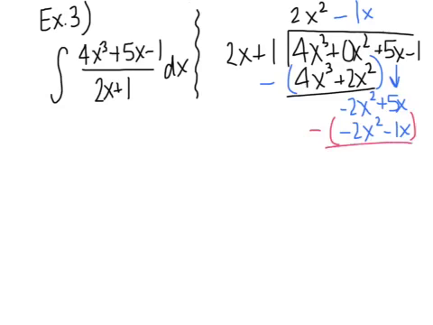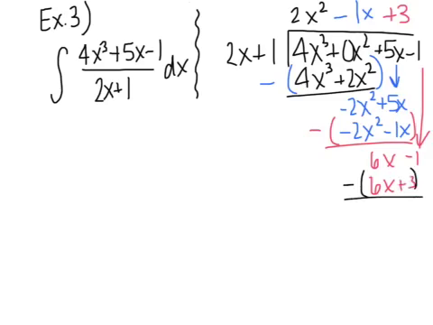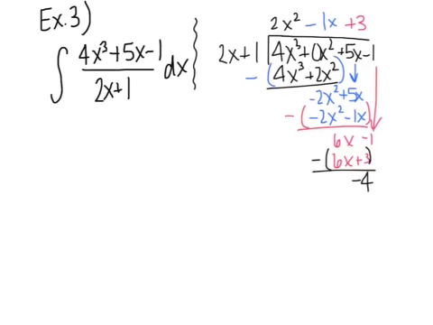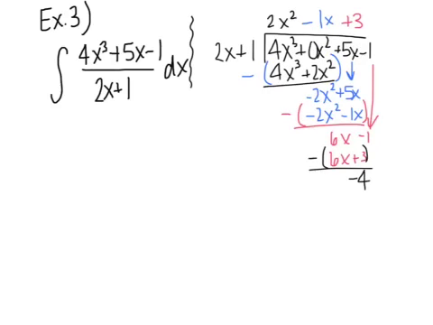Subtract that whole thing. 5 minus negative 1 is going to be 6x. And we're going to bring down minus 1. And that'll give us 3 here. So 3 times 2x is 6x plus 3. Subtract the whole thing. And we'll get negative 4. So that would give us plus negative 4 over 2x plus 1.